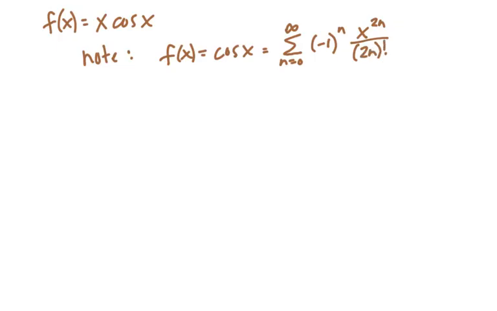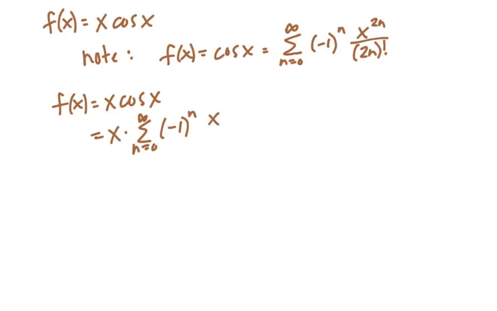So what we have here is we have an x times that. So f of x equals x cosine x, which equals x times the series from n equals 0 to infinity, negative 1 to the n, x to the 2n over 2n factorial.